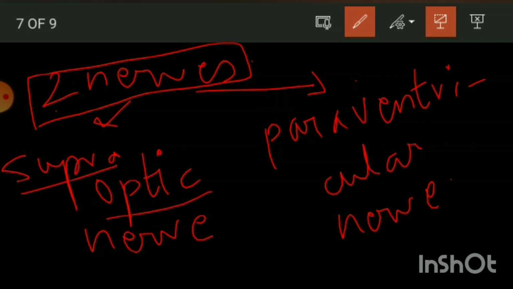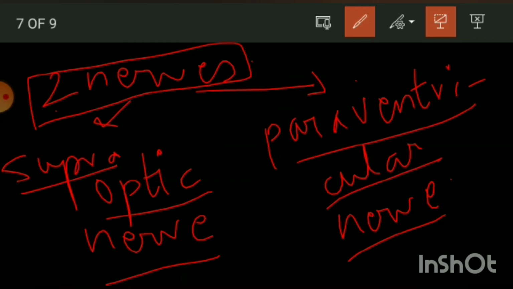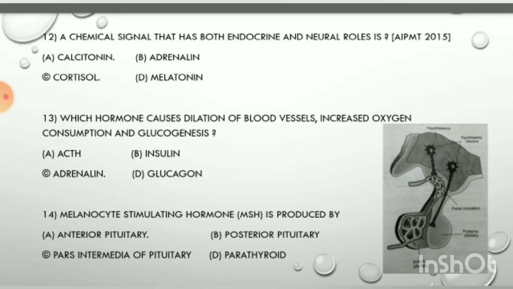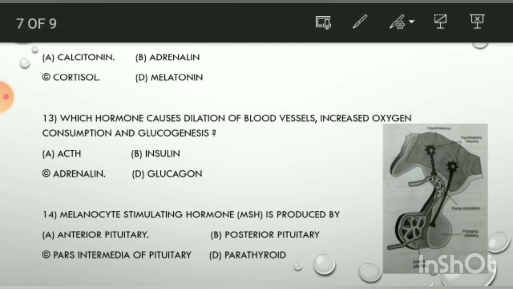The supraoptic nerve transports ADH, that is vasopressin, from the hypothalamus to the posterior pituitary, whereas the second one, the paraventricular nerve, transports oxytocin from the hypothalamus to the posterior pituitary. So with this, I hope you all understood everything.